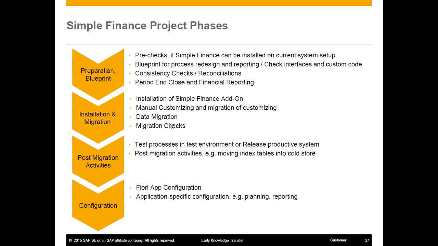You migrate the data to Simple Finance on S4 HANA and do migration checks. There will be a migration cockpit. You test your system, move the indexes, and then go to Fiori, start using it, and move on to the configuration.